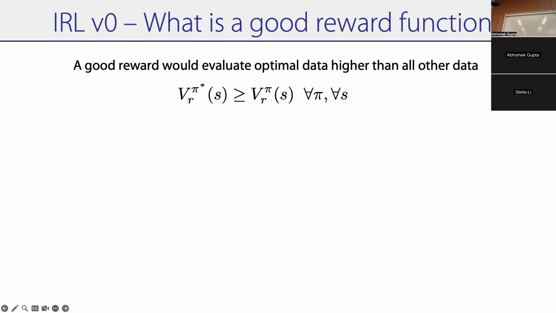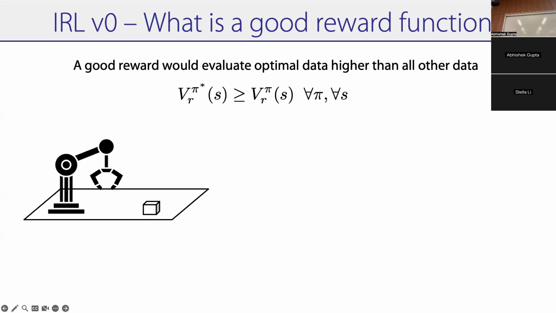Because the only information you have is that the expert is optimal. And so this just says that under your reward function, the expert is better than every other policy. Okay, so we're going to try and simplify this a little bit. We're going to start with this value function.